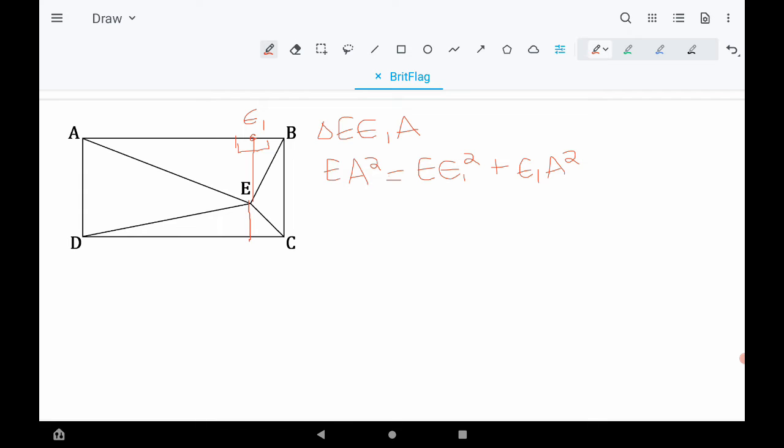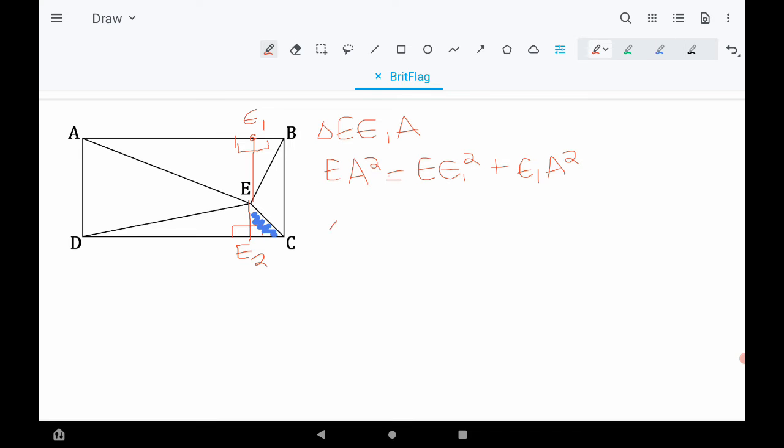So we do the same thing down here. Let's call this E2. Okay, so by the same properties, we have that E2C, that's a right angle, that angle EE2C by definition. And so to get EC squared, let's look at this triangle right here.